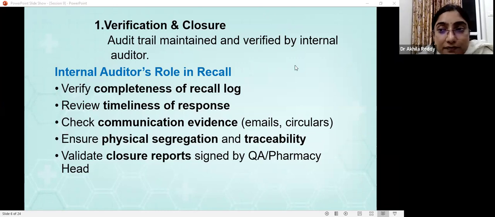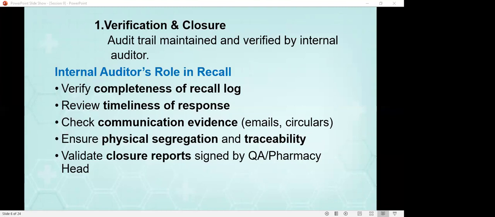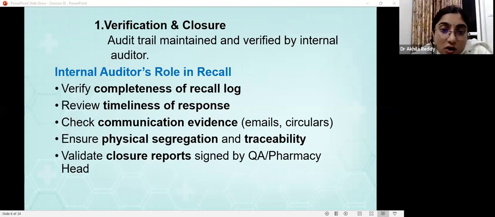Am I audible? Am I audible to everyone? Yes, ma'am. Yeah, tell me why an internal auditor is required. Pharmacy is doing it.